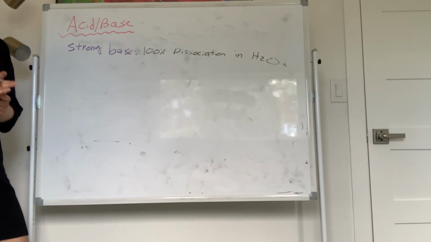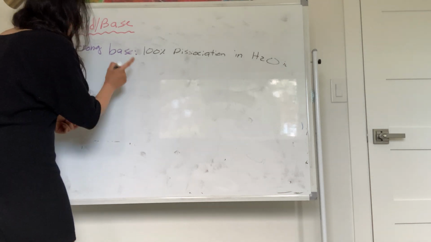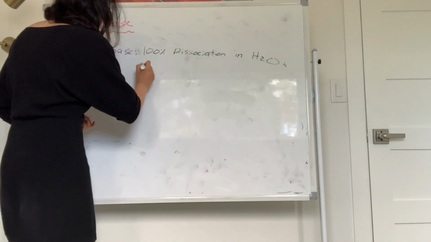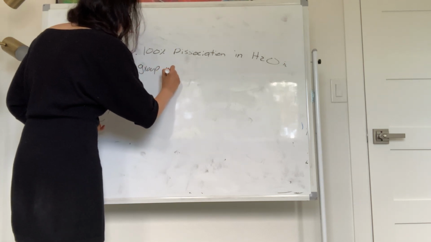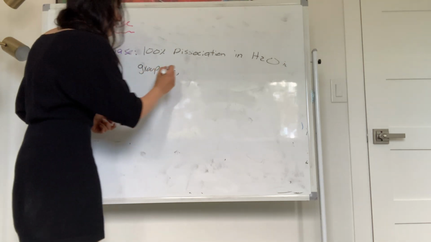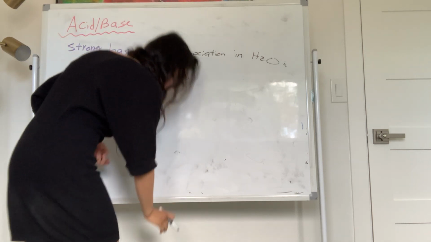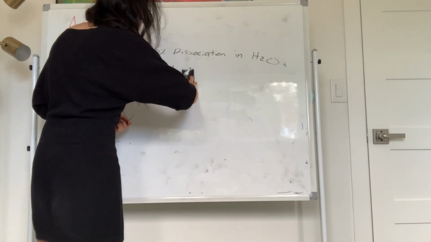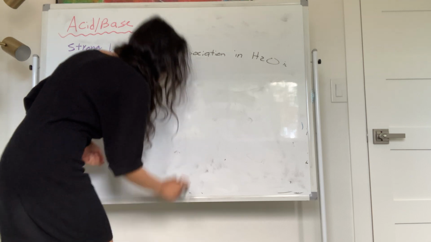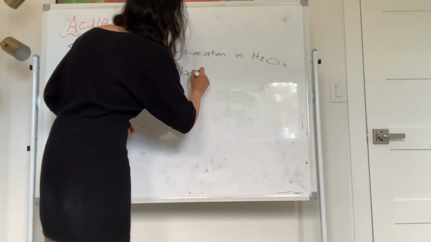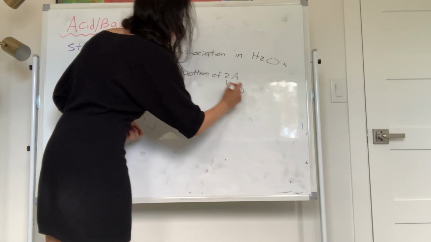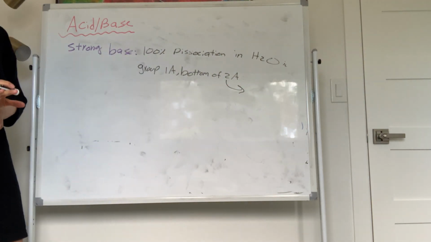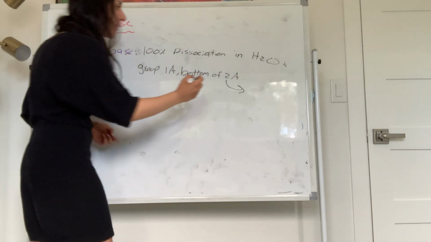Here's how you would know if you have a strong base. You actually have to look at the solubility rule. Group 1A and the bottom of 2A. If you have a periodic table, that would be Sr, Ba, and Ra.